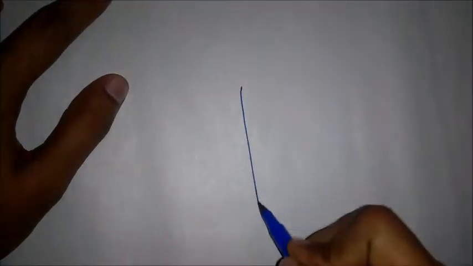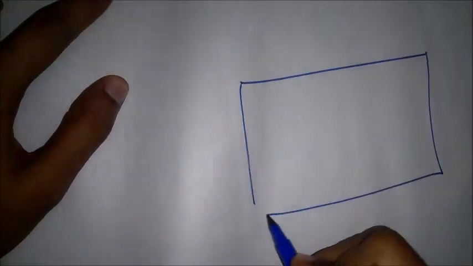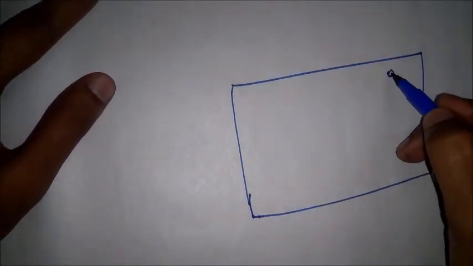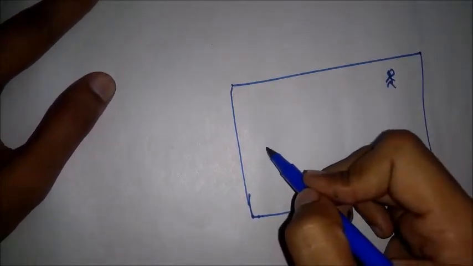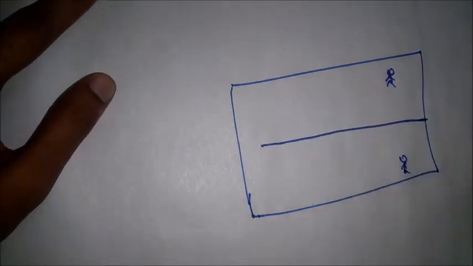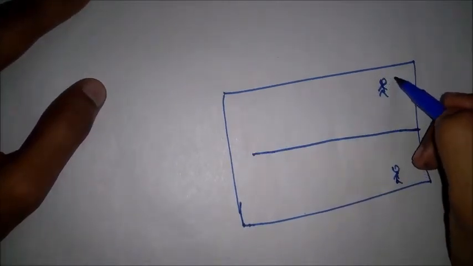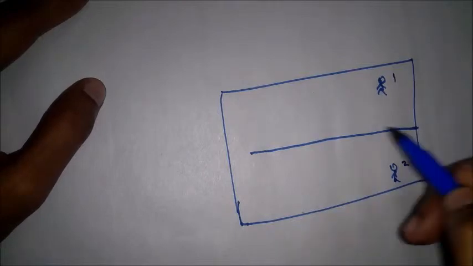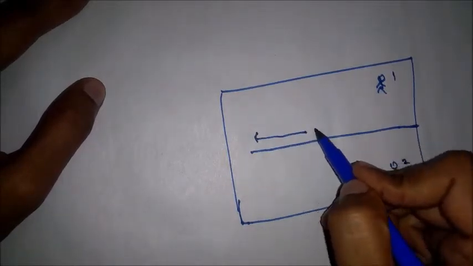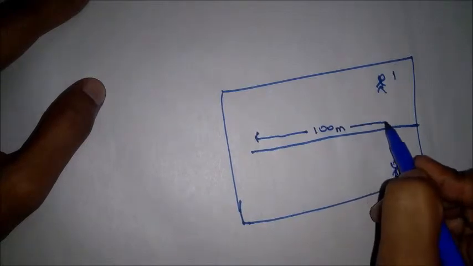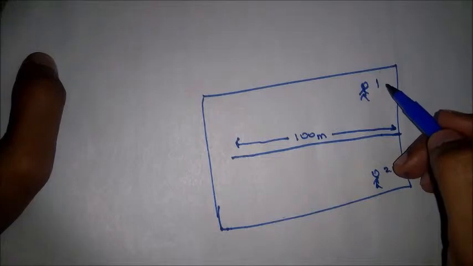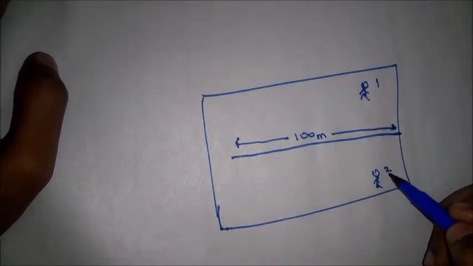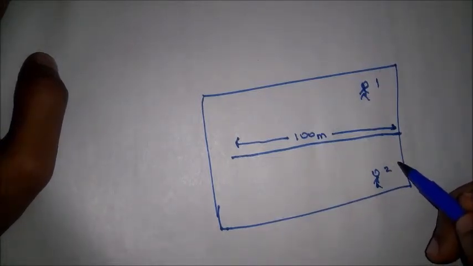Suppose there are two people inside a room. This room is separated by a wall with a small gap. Now, this is person number one, this is person number two. Suppose the length of this wall is 100 meters. Even if person number one shouts at the top of his voice, there's a fat chance that person number two won't be able to hear him at all.